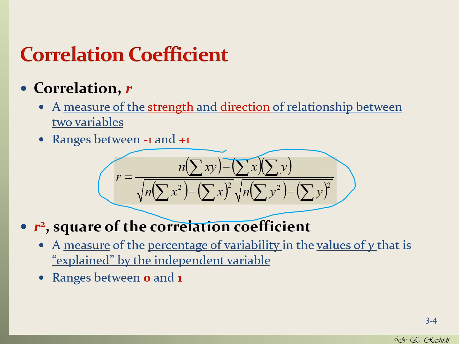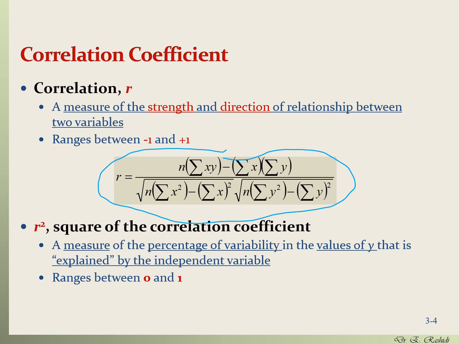For example, if you have two variables, one dependent and one independent, and the correlation coefficient is negative, that means these two have an opposite direction relationship. It means if you increase the value for one variable, the other variable value would decrease. So they are in opposite direction.